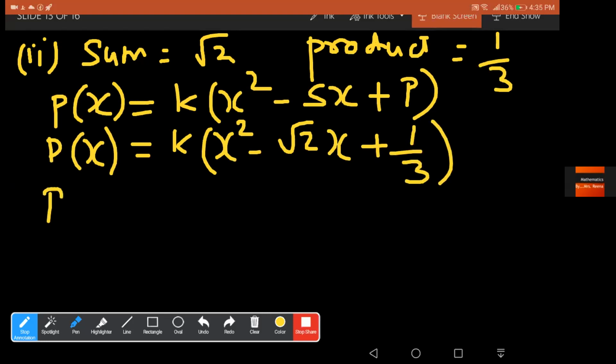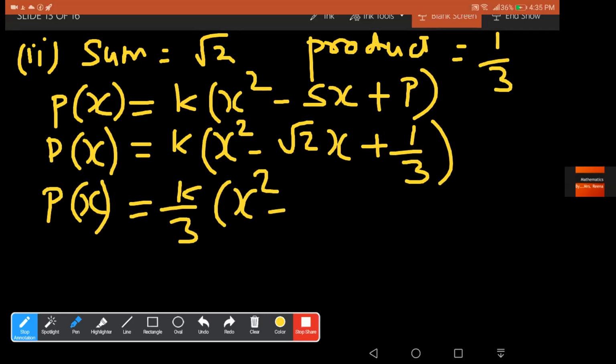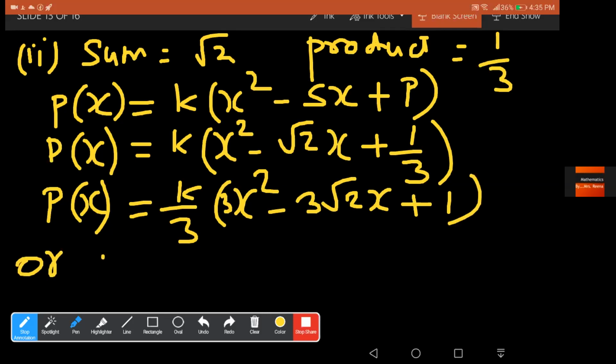So what I can do, I can take 1/3 common here, and that answer will be 3x square minus 3√2x plus 1, where k/3 is also a real number, so I can remove this here.